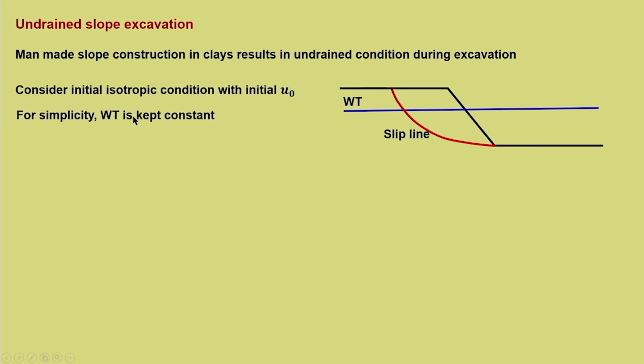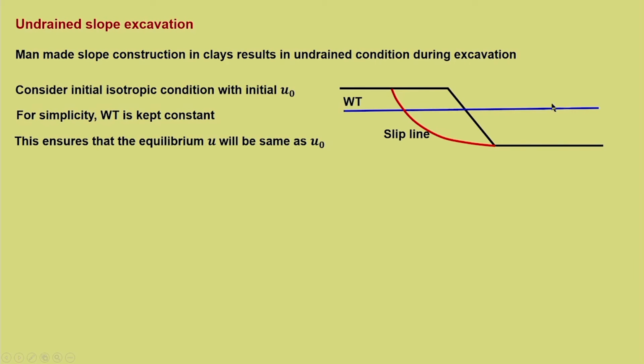For simplicity, water table is kept constant, and why we want to maintain this? Normally it is not maintained in this manner. First of all, the water table will be slightly lower, and because of that the phreatic line changes, and we do not want to complicate this problem with that.